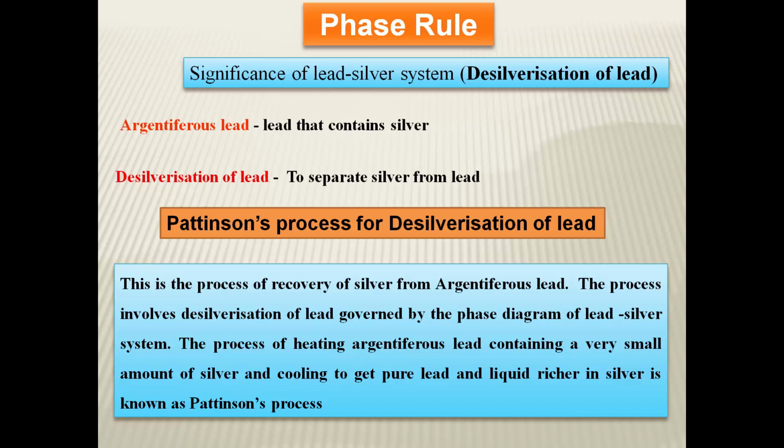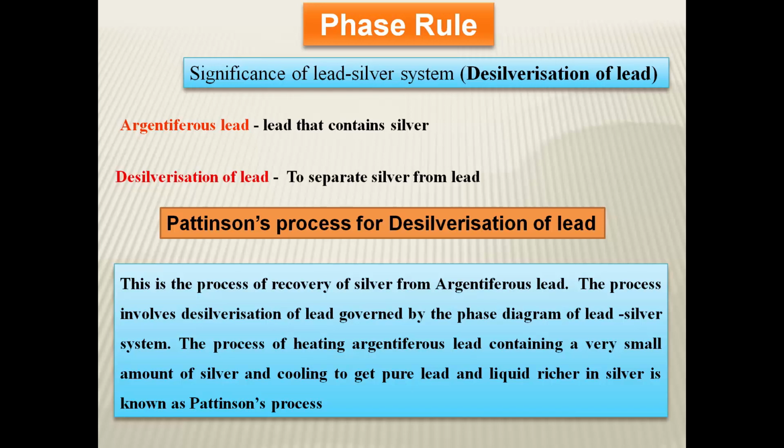The Pattinson's process for desilverization is named after the scientist Pattinson. This is a very significant process used in metallurgy, regarding recovery of silver from argentiferous lead, so that we can remove the impurity silver to get pure lead.